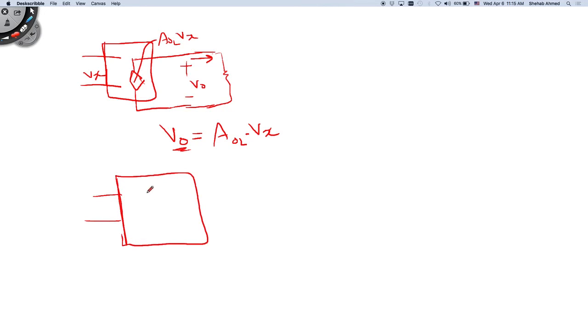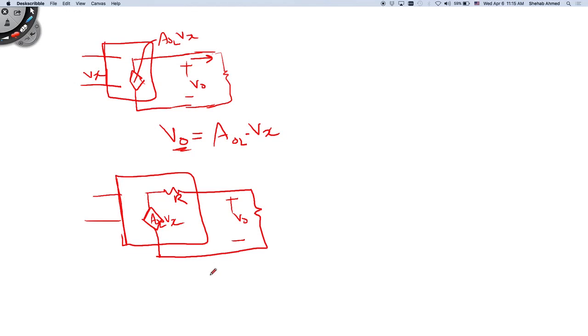This is another case. This is your same load now, and this is your output voltage. This is AOL times Vx still, okay? This is some resistance R.